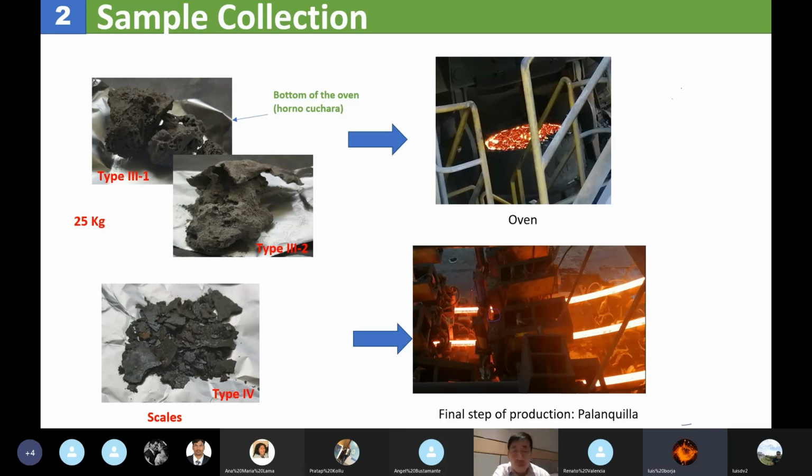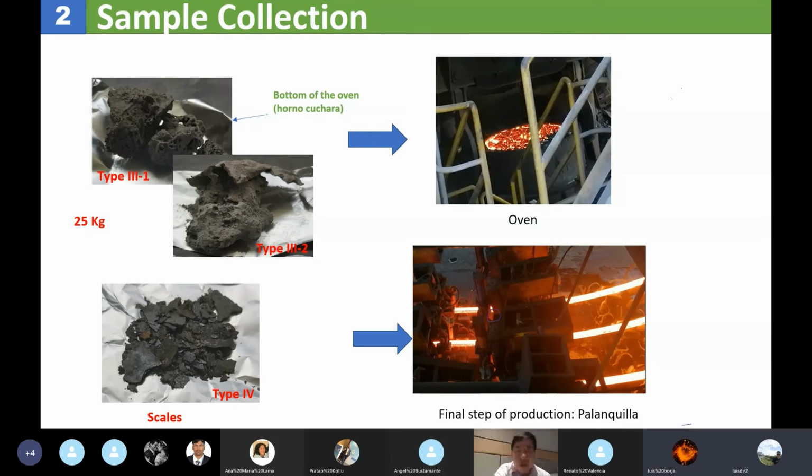For type 1, there's a different size. In this case also, it's a different size. There is no uniform size. These are raw samples, but before the measurements, we powdered them.